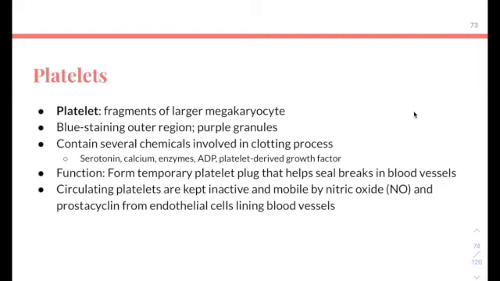All of that is used in the process of clotting blood. So those usually follow platelets around. Platelets form temporary plugs in blood vessels, is what their job is. They end up clumping together to clog whatever hole could have been caused in the blood vessel, to prevent blood from continuously leaking out.